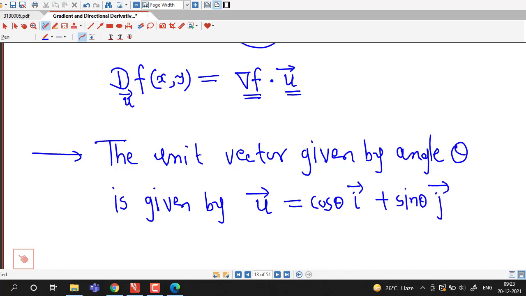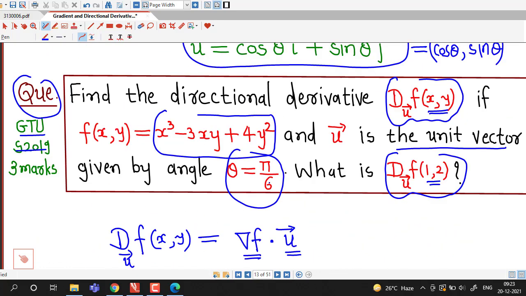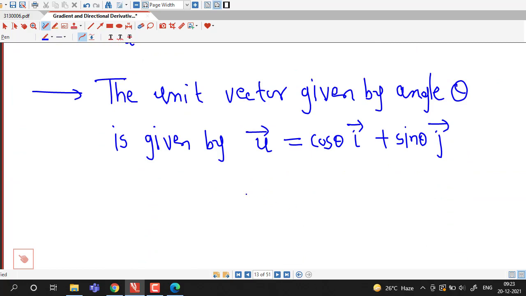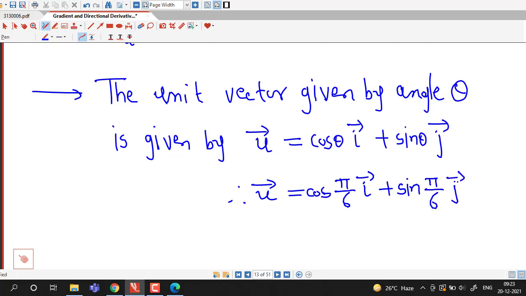Now here angle theta is pi by 6, so we put theta equal to pi by 6. Therefore u bar equals cosine of pi by 6 times i plus sine pi by 6 times j.